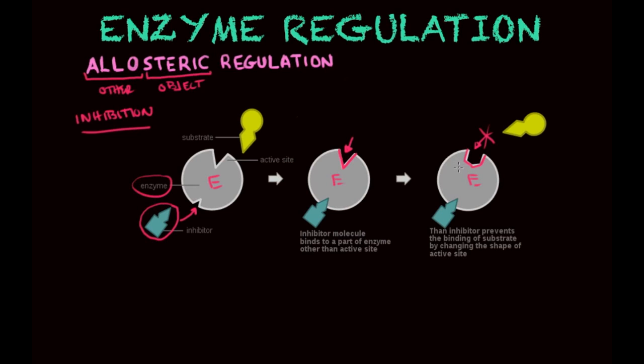The enzyme is able to inhibit or switch off, let's say, by changing its shape. Now, there are also ways that it can be activated in the same manner. So the enzyme will change its shape so it can fit the substrate, so it can help in the reaction.